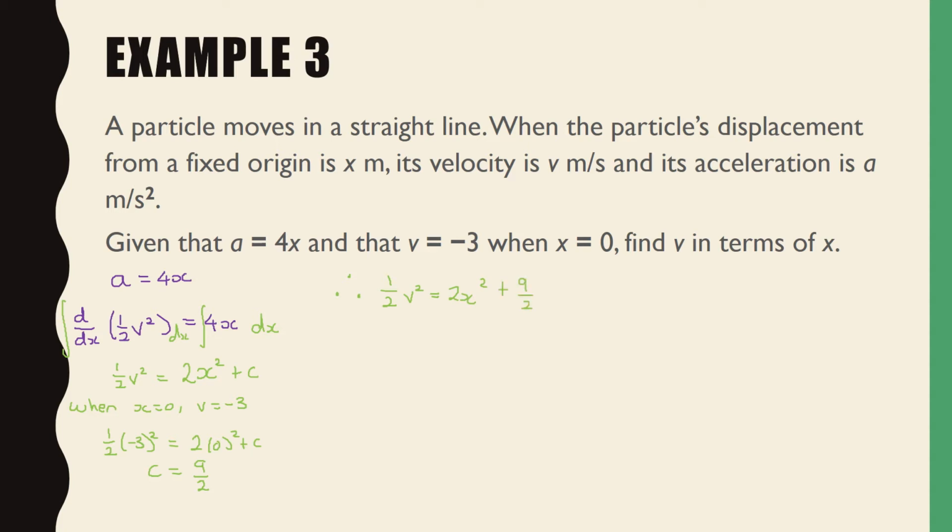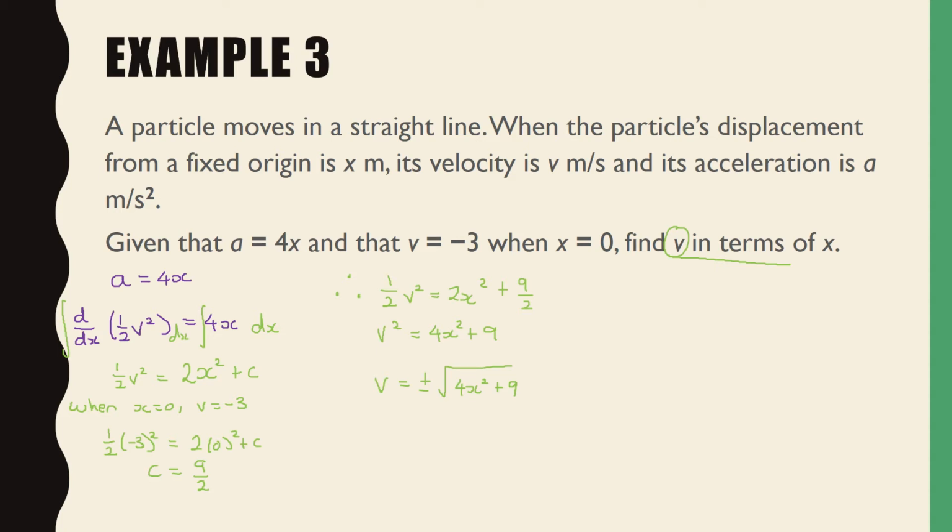Now it asks us to find v in terms of x, so I'm finding v. I can multiply everything by 2. And now I need to take the square root. We've spoken about this before, but remembering that whenever we take the square root, we need to think about whether we want the negative or positive version.